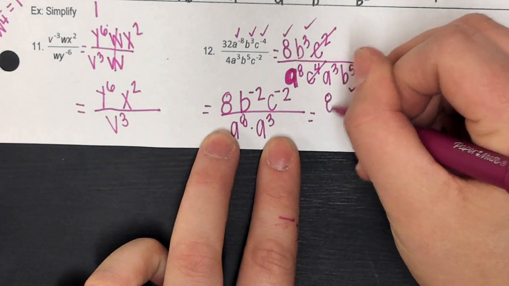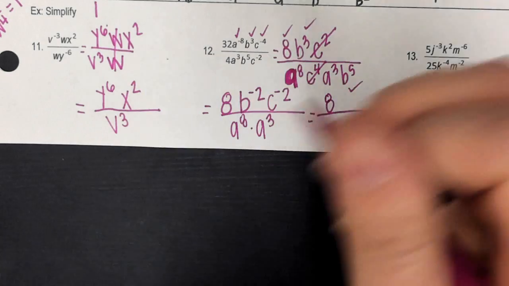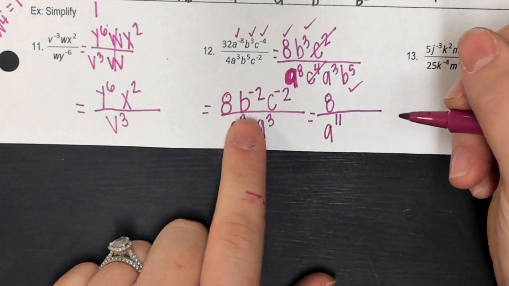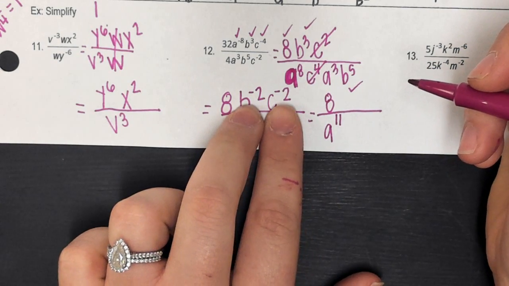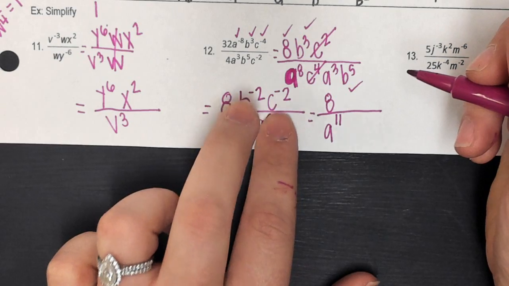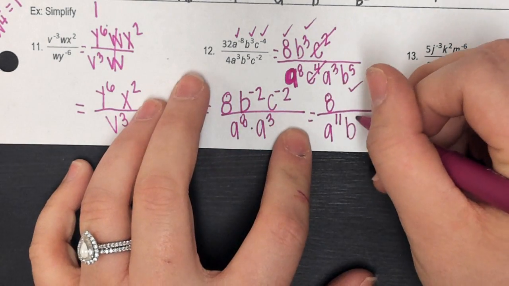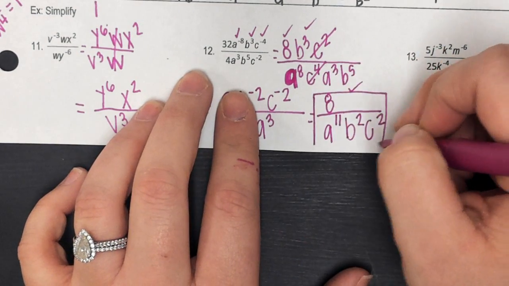Now, we just said that a becomes to the 11th because we add them. But what needs to happen to b and c? They need to be positive. So where do they go? Good job.